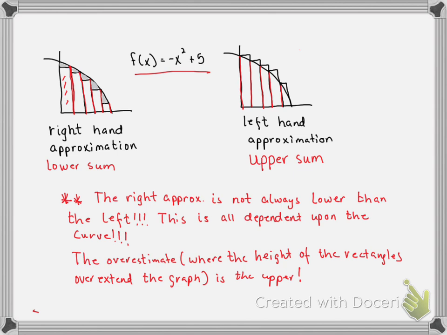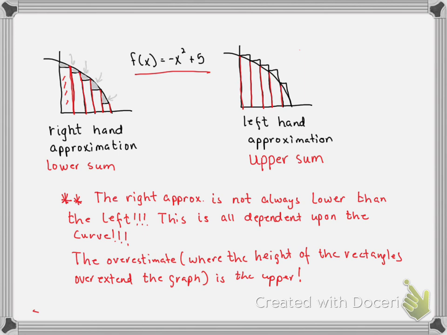Because we don't have an area for those gray portions under that curve, that is the lower sum. In other words, if you find the area of each one of these 5 rectangles and add up those areas together, you're going to be less than the area under the curve because you're missing these gray parts right here.